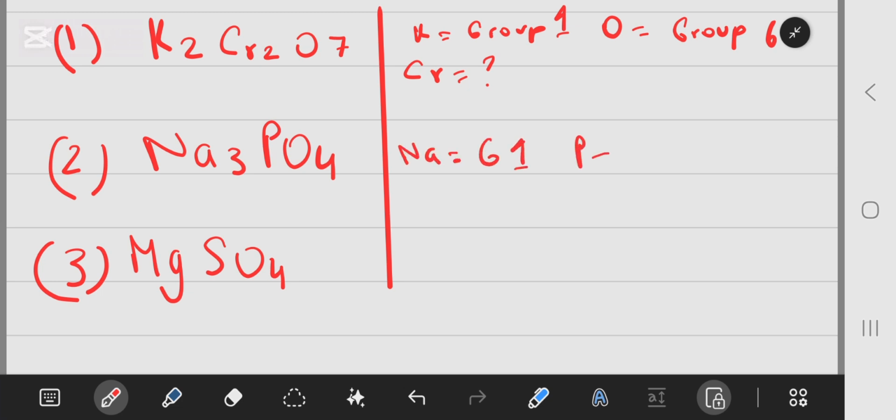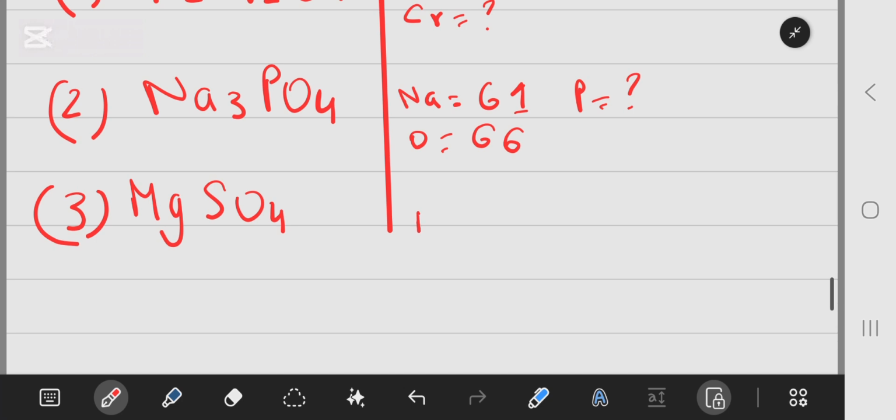We need to find phosphorus, so it's a question mark, and oxygen belongs to group number 6. And for the last question, Mg belongs to group number 2. We need to find sulfur, it's the question mark, and oxygen belongs to group number 6.